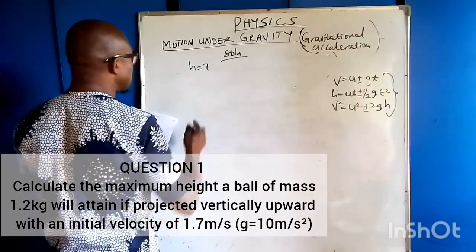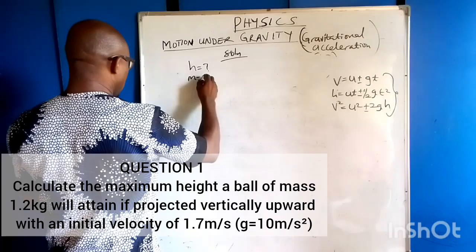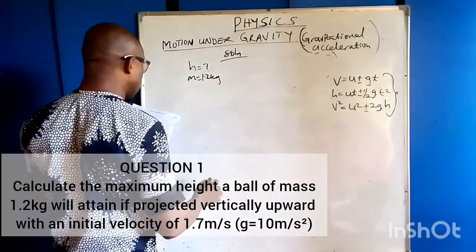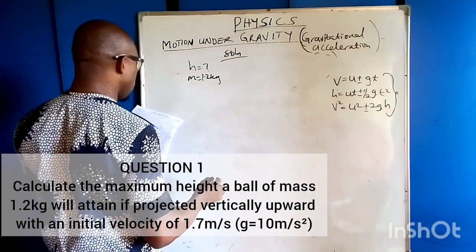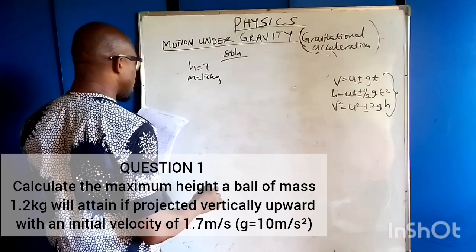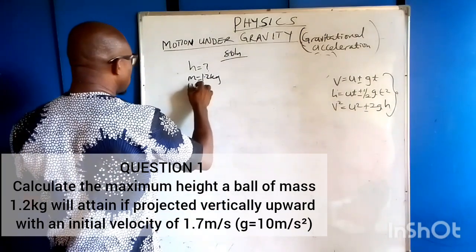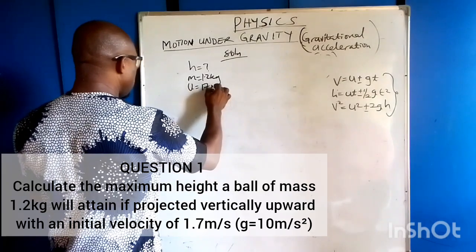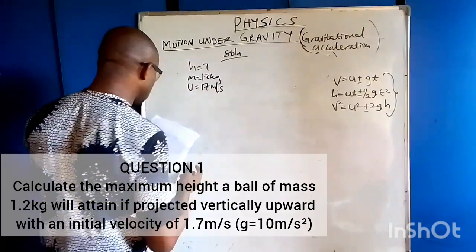A ball of mass m is 1.2 kg will attain if projected vertically upward with an initial velocity. Initial velocity u is equal to 17 meters per second.